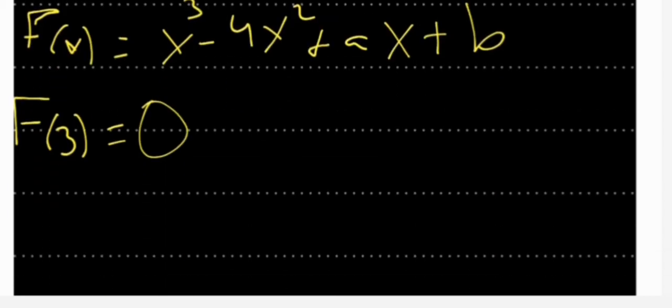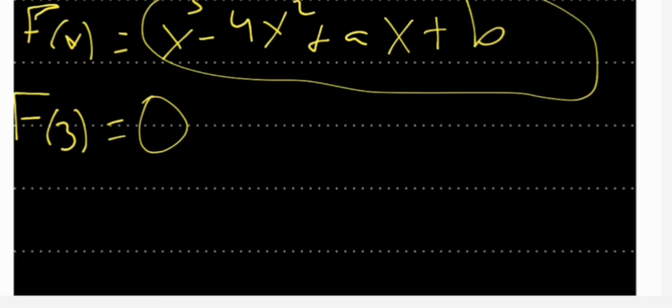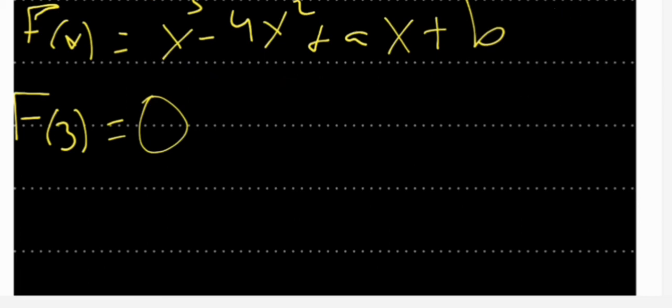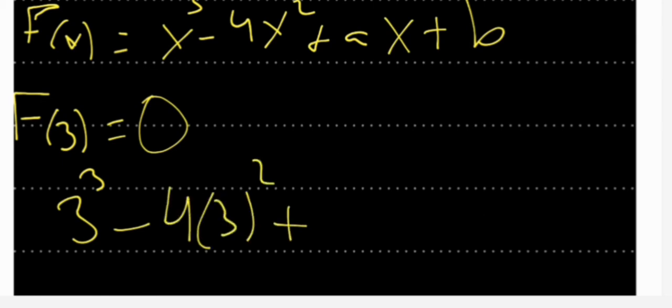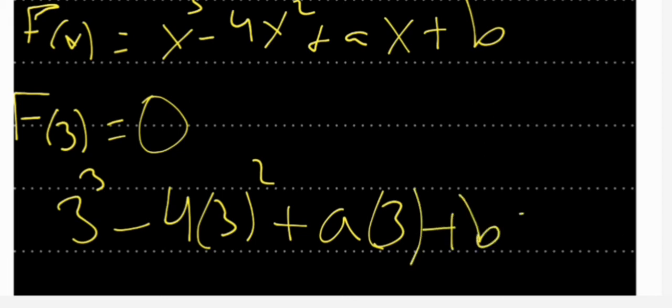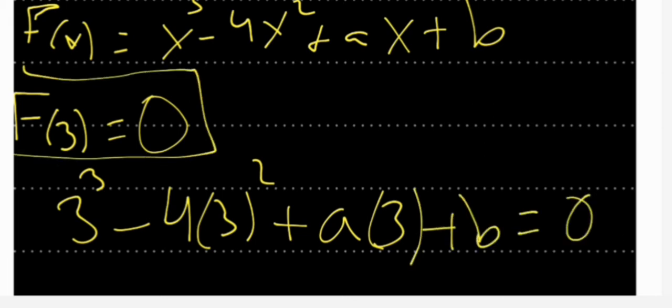So this is f of x. Now in place of x, let's put 3. So 3 cubed minus 4 multiplied by 3 squared plus a multiplied by 3 plus b equals what? Equals 0, because f of 3 equals 0, okay?